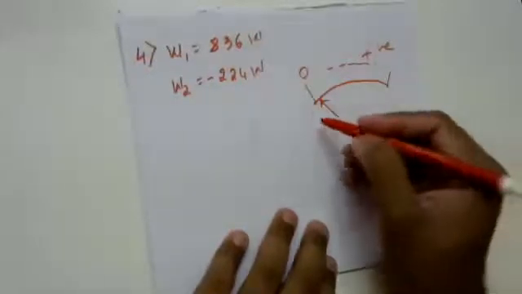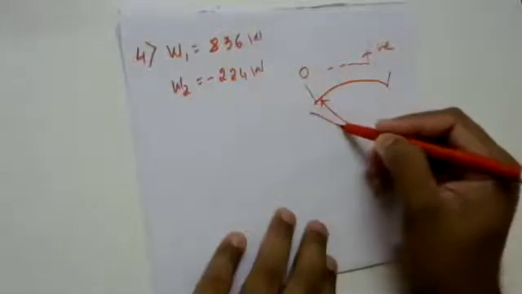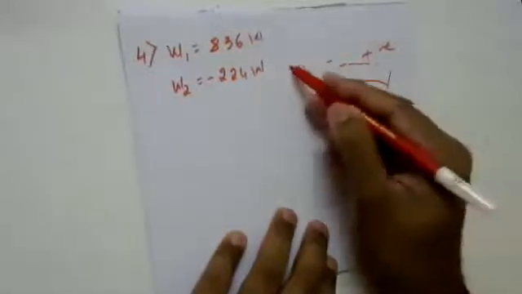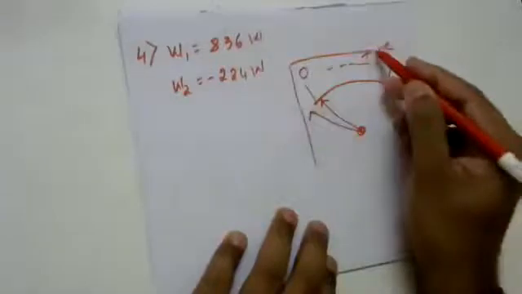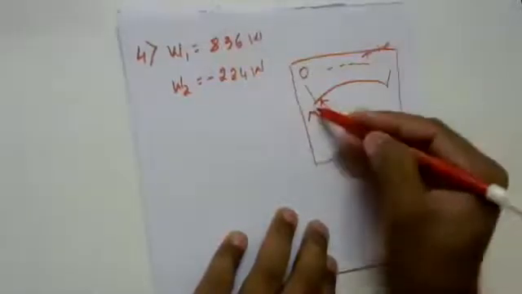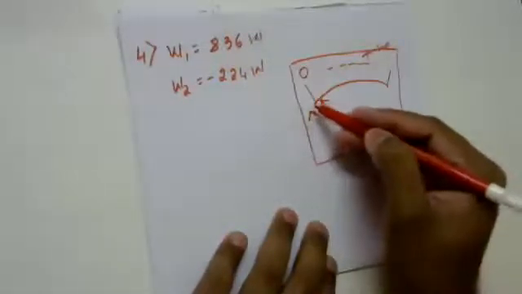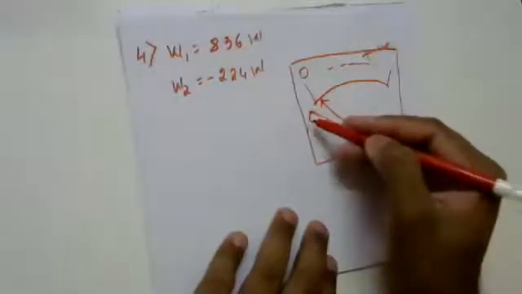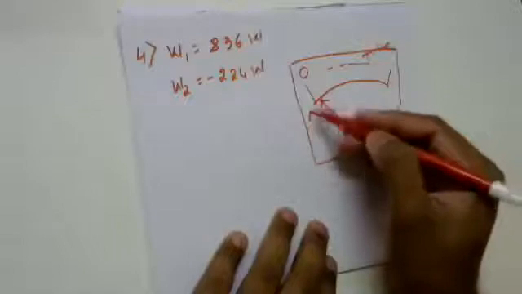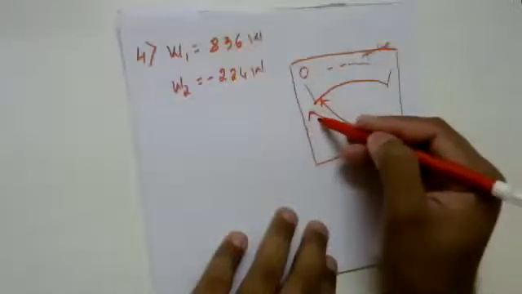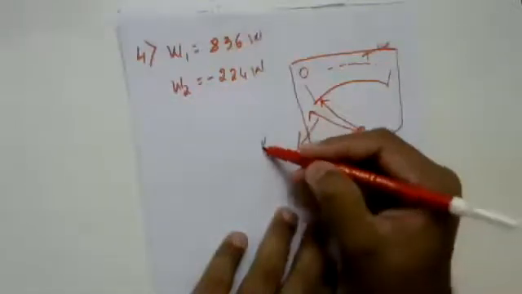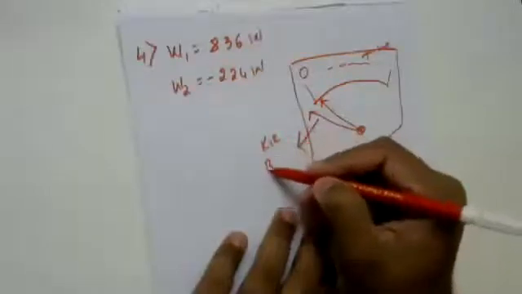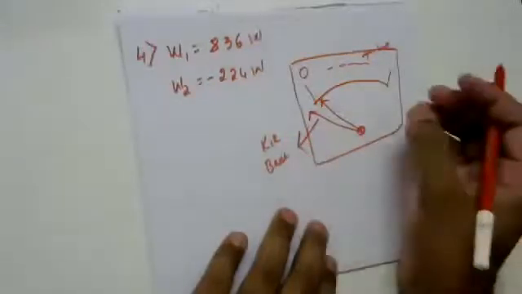Assume the pointer is going negative, like this. This is the body of the meter, so beyond this your pointer cannot move. It means it cannot read the negative value. We call this condition the kickback condition.